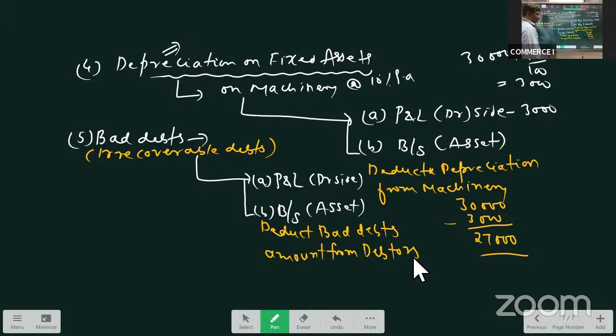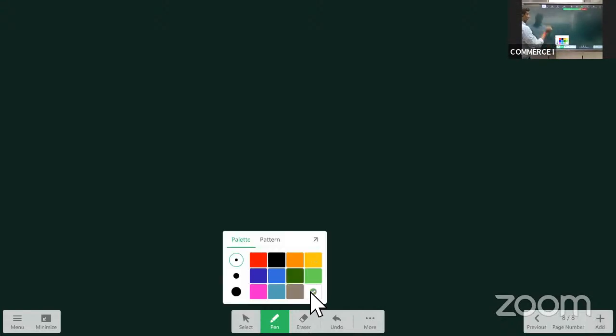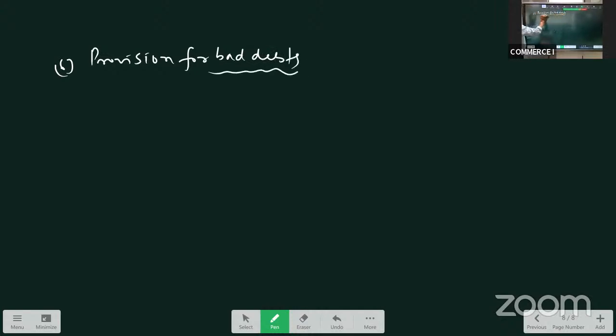Then one last entry we'll take. The last one is provision for bad debt. It is also called as reserve for bad debts. Now, what is bad debt and what is provision for bad debt?